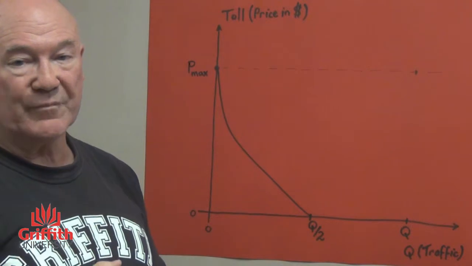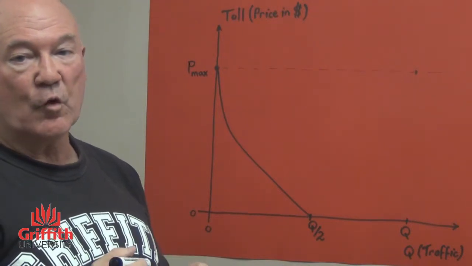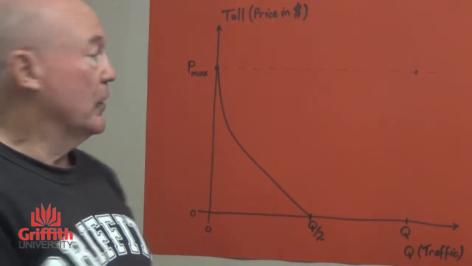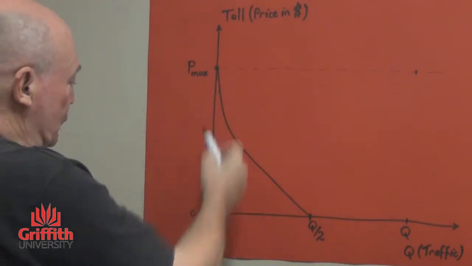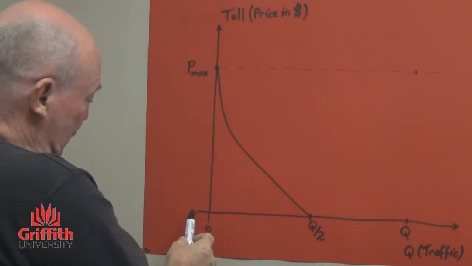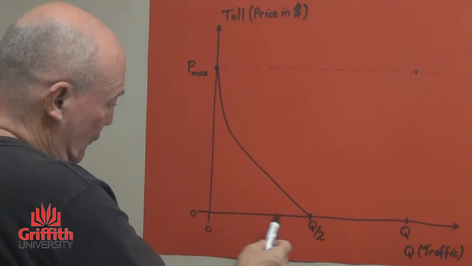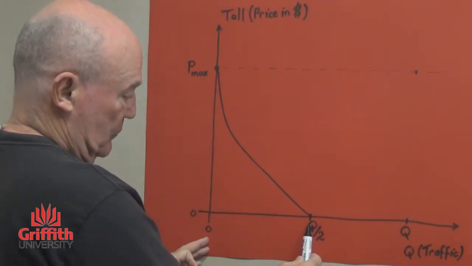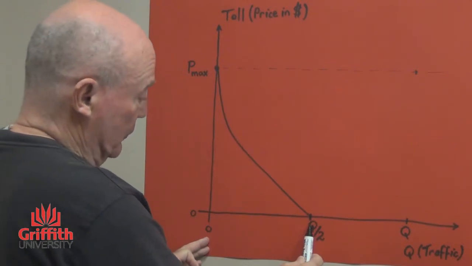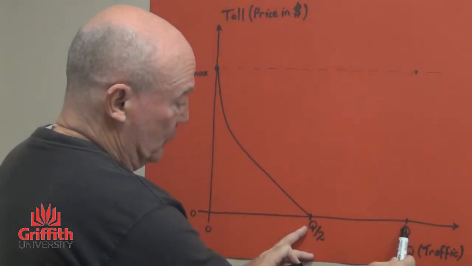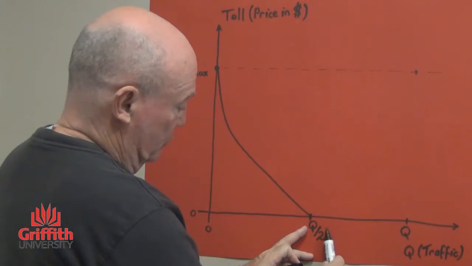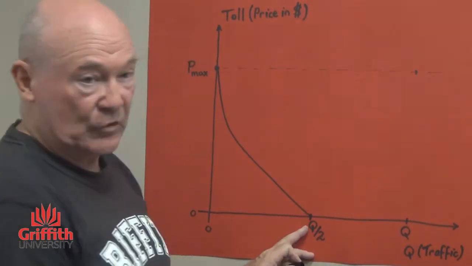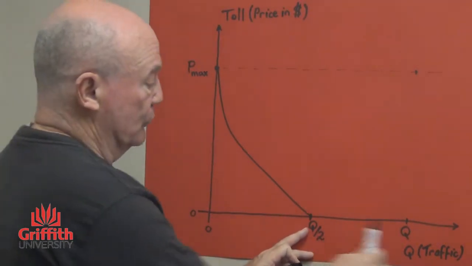So this, remember, is the demand curve for the toll road based on the toll that's charged, running from a zero toll, which means that half of the traffic will use the toll road now that it's free, and the other half of the traffic, which will add on to that to make it up to the total amount Q, will use the free road.